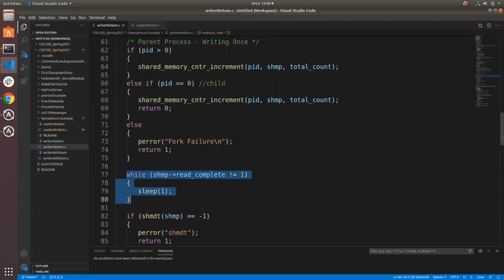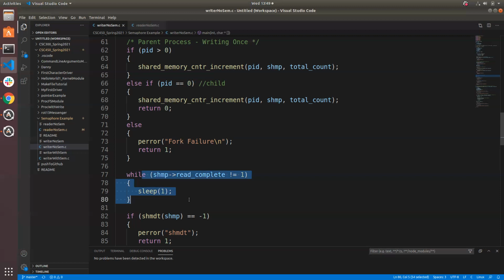It's always going to be the parent who gets to this line and waits for the reading process, the other process, not the child, but the process that's doing the reading, to finish. And we only have one of them. So we're guaranteed that we're not protecting the resource, but we only have one guy we're waiting on.